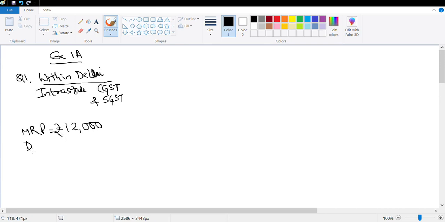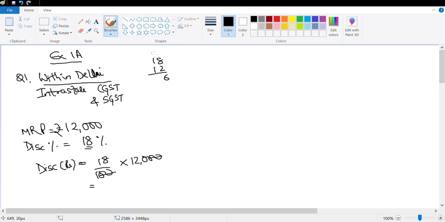The discount percentage is given as 18%. So we need to calculate the discount in rupees. So discount is 18% of what? Yes, the 18% of MRP. So 18 upon 100 into 12,000, 0 goes, 18 into 120, which is rupees 2,160.